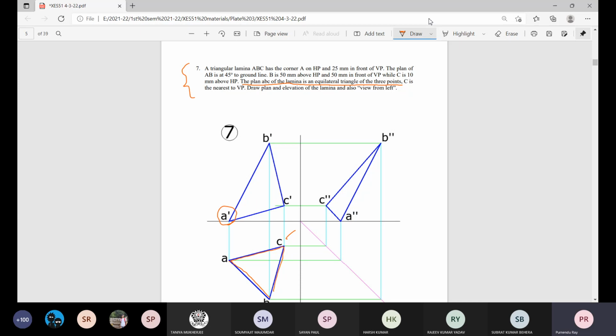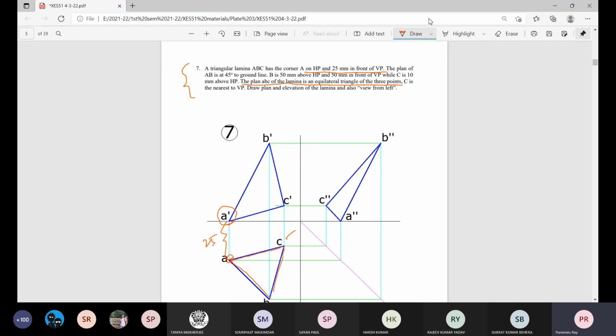What about the corresponding plan? A is on HP and 25 millimeter in front of VP. So measure this distance 25 and identify the plan, small a. That part is over. Now from A, we have to proceed either towards B or towards C. The plane of AB is at 45 degrees to the ground line.